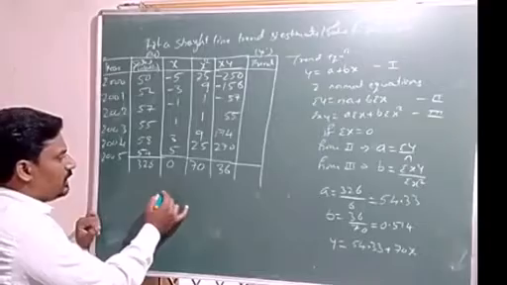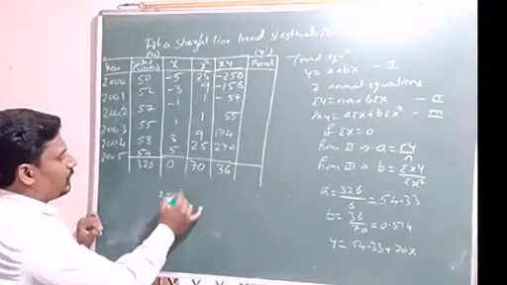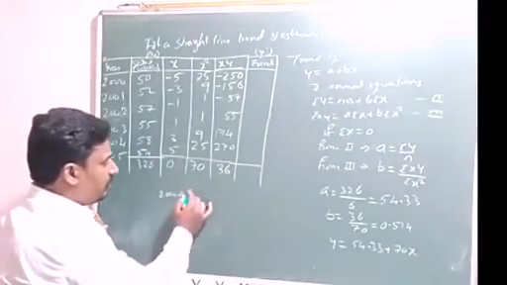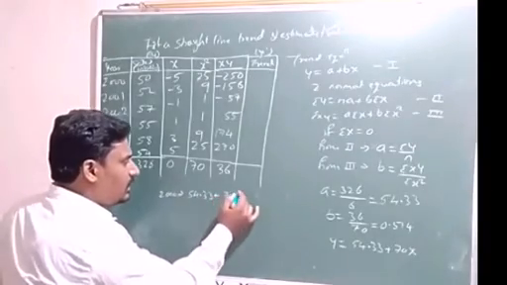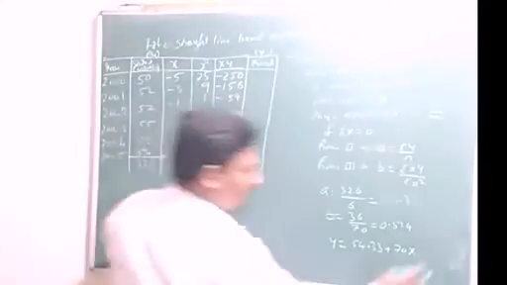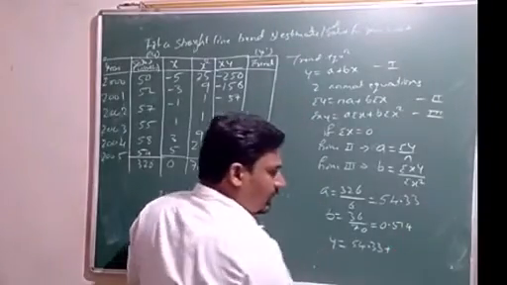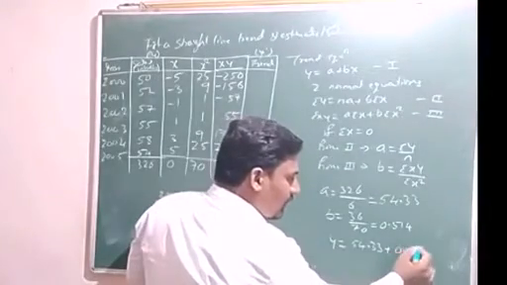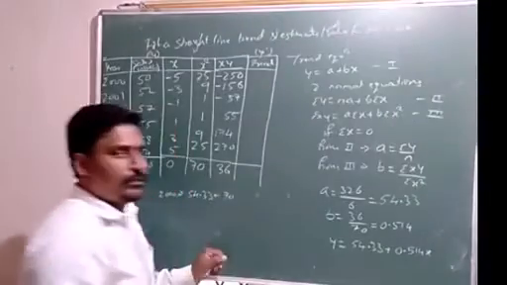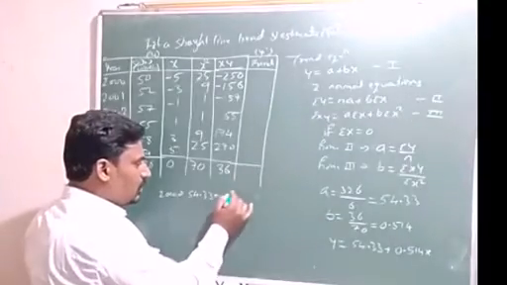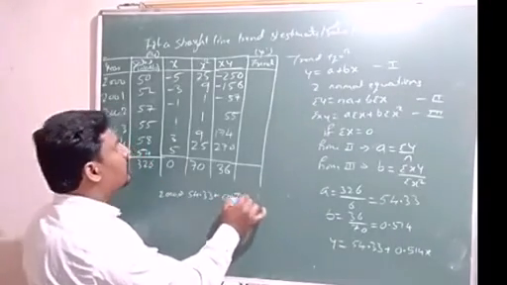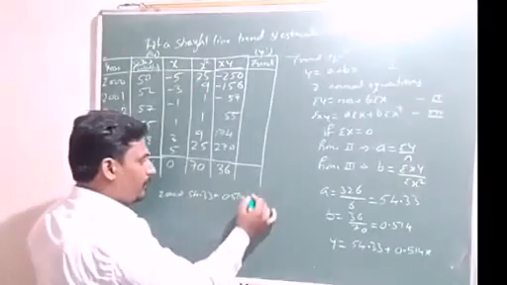For the year 2000, the equation is 54.33 plus, sorry, here I wrongly wrote 70. It was 0.514x. So it is 0.514 into minus 5.